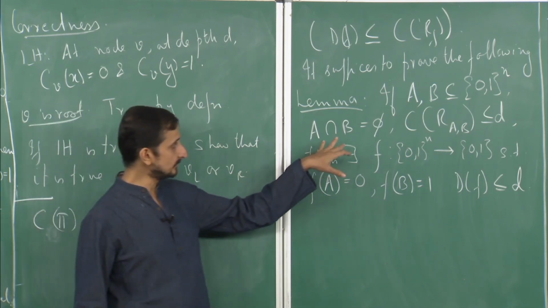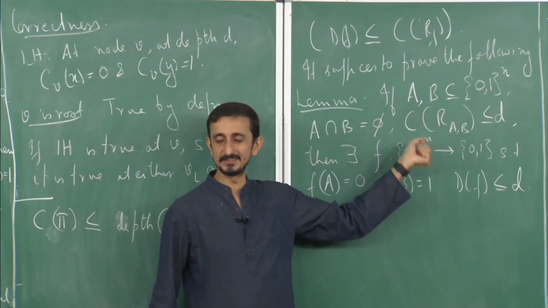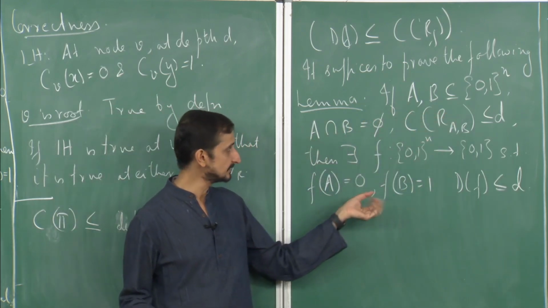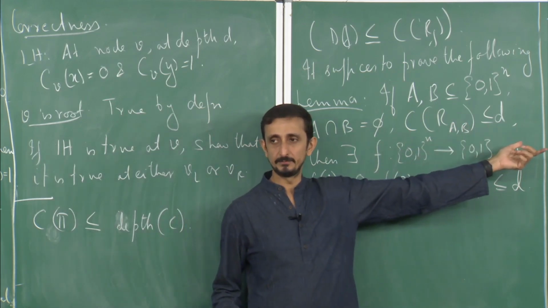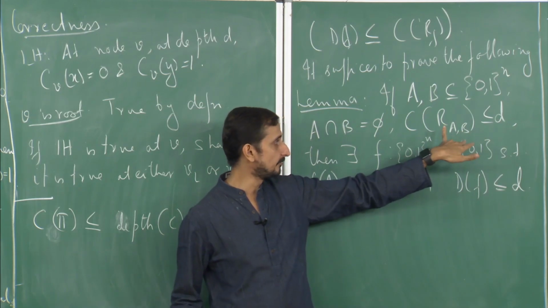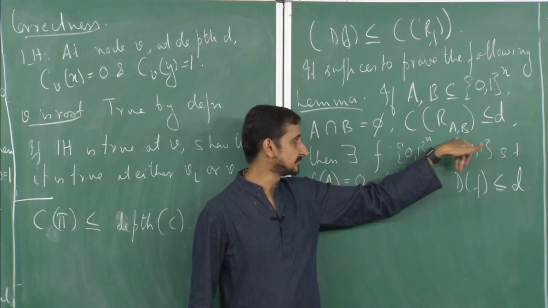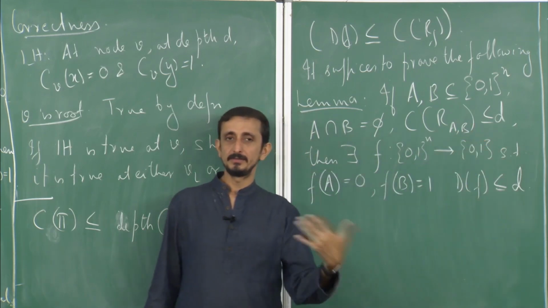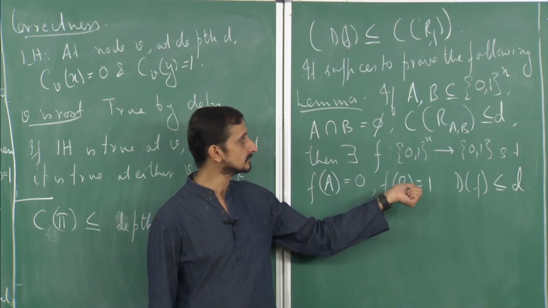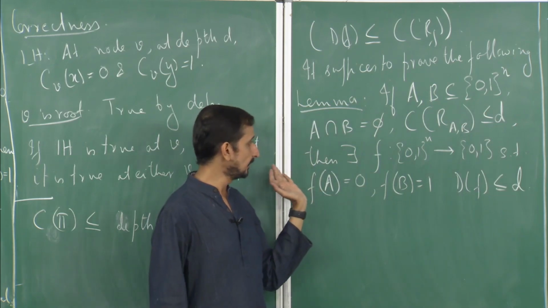So what are we saying here? Take two sets. Here we are talking in terms of sets. We have two sets which are disjoint, and the communication complexity of this relation is at most d. So if Alice is given an x belonging to A, and Bob is given a y belonging to B, they can compute an index on which x and y differ in at most d bits.